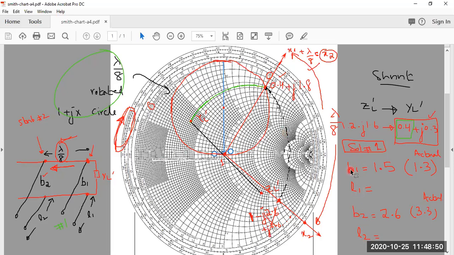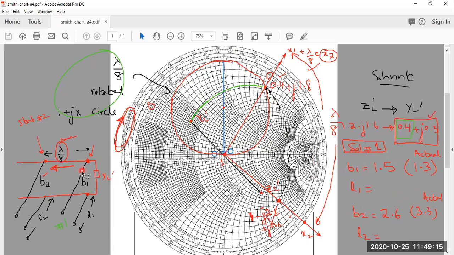We know that stub number 1 should provide this much susceptance. Or if you draw the exact circle and exact scale line, then we know that stub number 1 should provide me 1.3 and stub number 2 should provide me 3.3. So how will I get this exact 1.3 and 3.3?